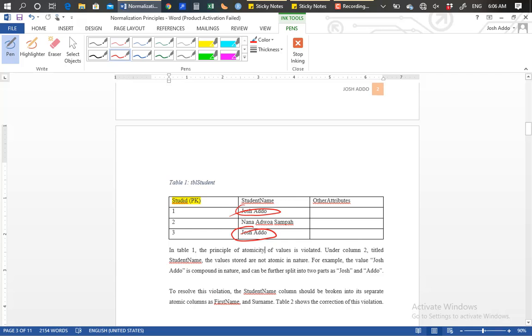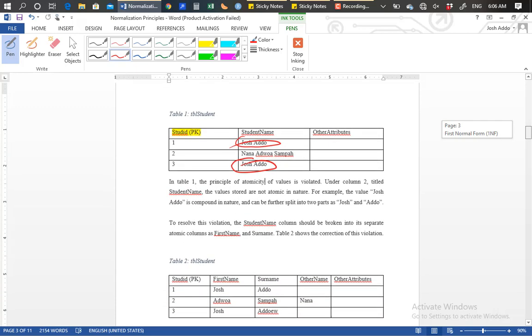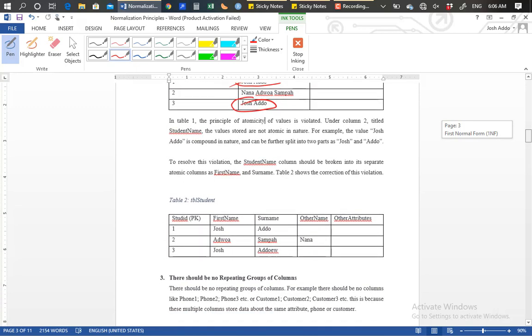So these 1, 2, 3 are unique, because 1 is not the same as 2, 2 is not the same as 3, 1 is not the same as 3. So this column is uniquely identifying all the other values, which is the student names, student date of birth, and the rest. So that is the first thing to think about when your tables must be in first normal form.